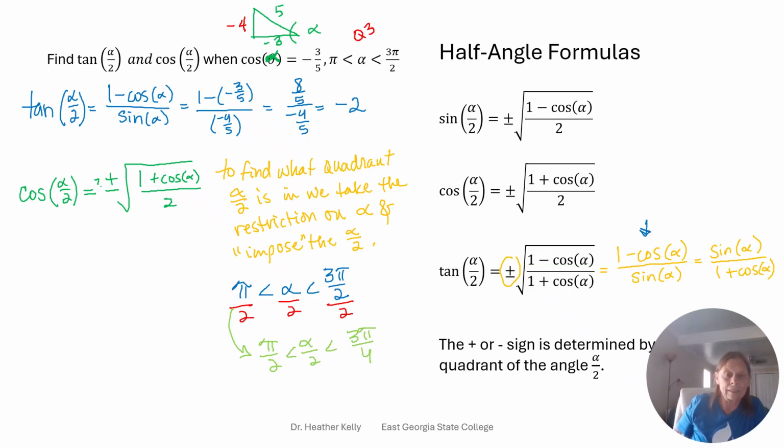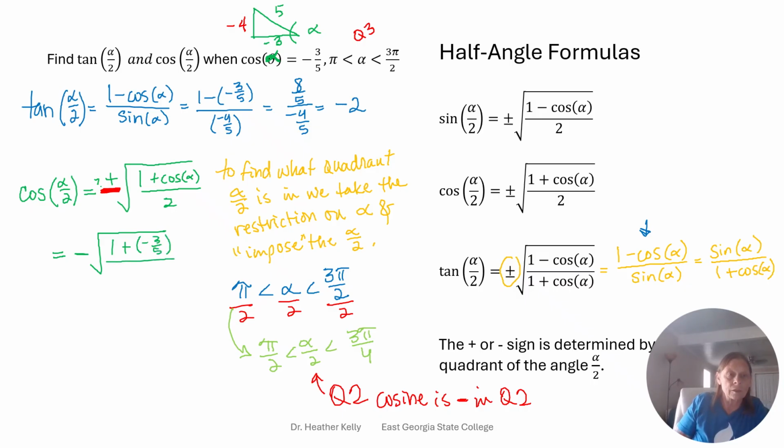So that is actually quadrant 2, and cosine is negative in quadrant 2, so we're going to go with the negative. Then that's going to equal negative the square root of 1 plus the cosine of alpha, which is negative 3/5, all over 2.